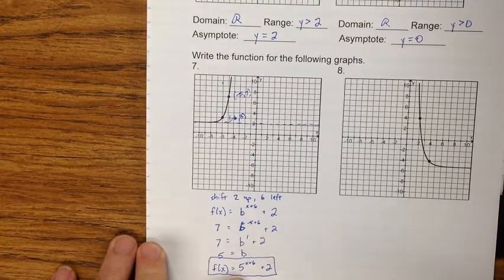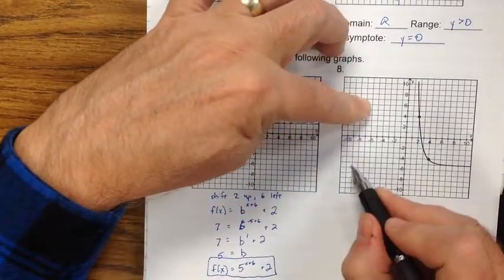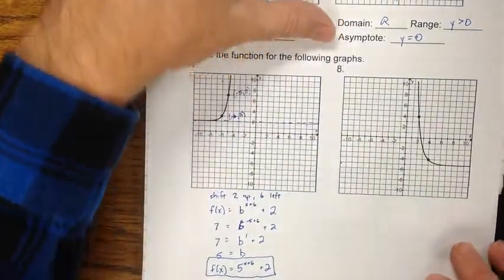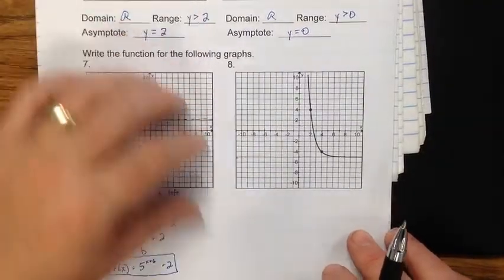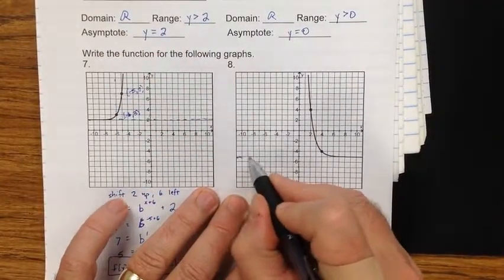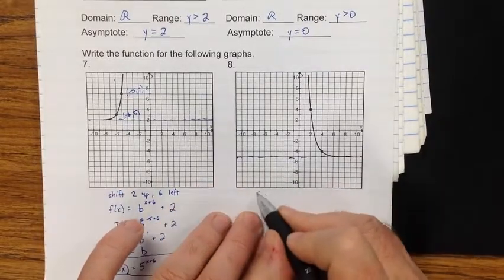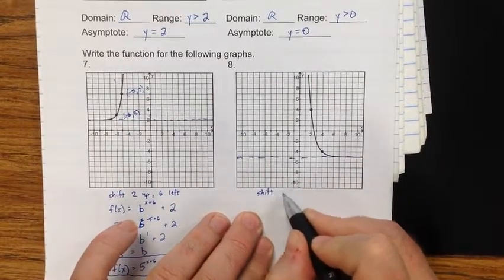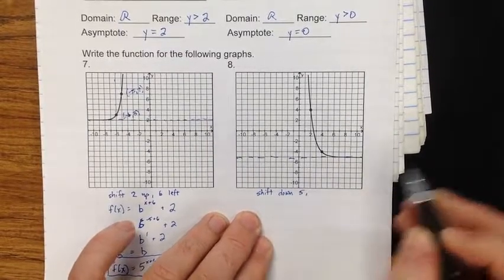All right. Same sort of thing on this one. I can see that my asymptote is going to be down here at negative 5, so it's been shifted down 5.